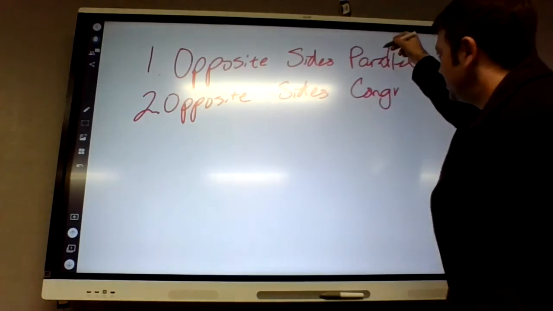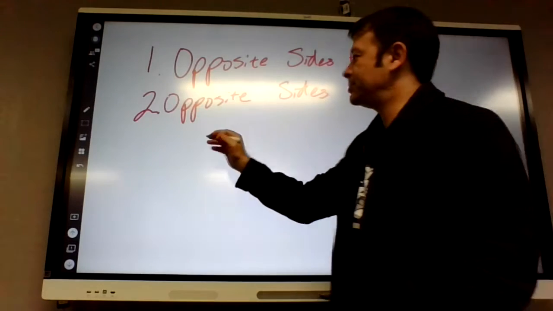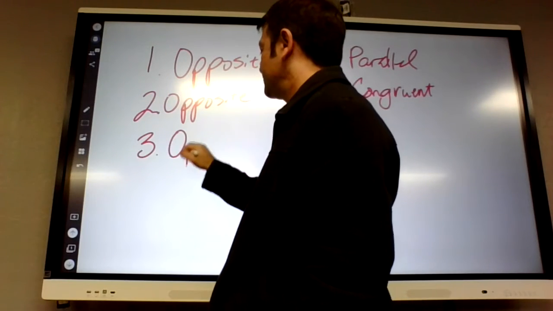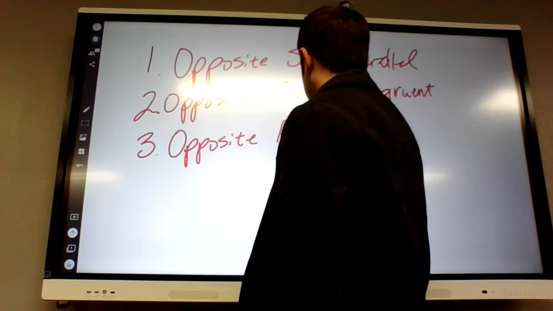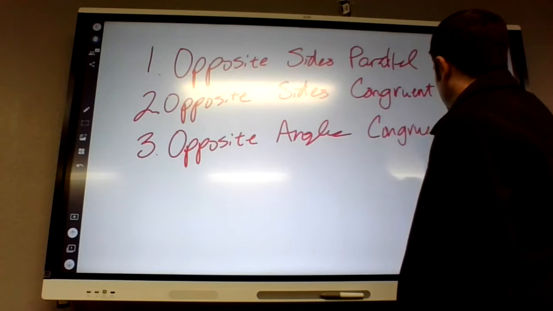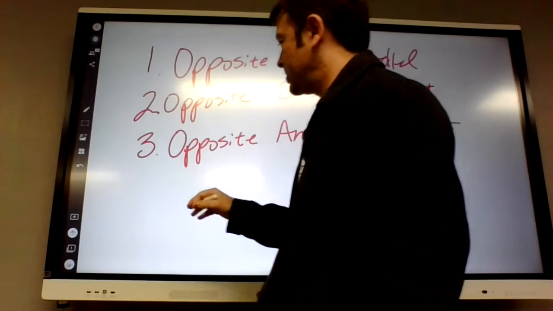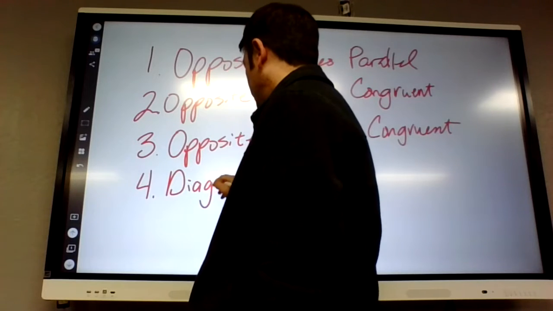And these are two different things. I'm writing as fast as I can, so it's going to be sloppy. Opposite angles, what? Congruent. Diagonals bisect each other.